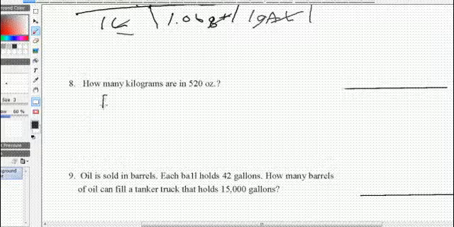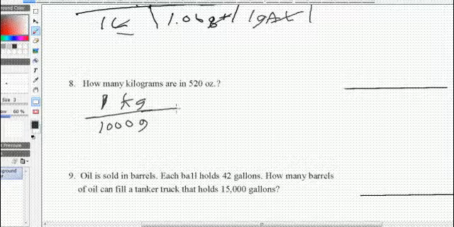I know that 1 kilogram is 1,000 grams. I also know that there's 454 grams in 1 pound. This should say LB for pounds.